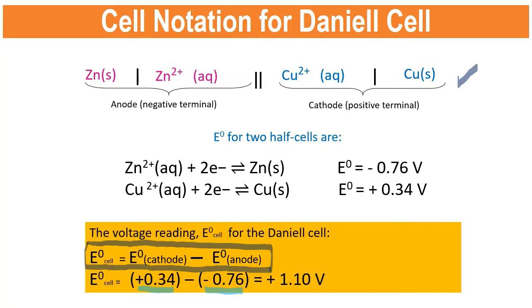So when negative meets negative, it becomes positive. So 0.34 plus 0.76, we will get plus 1.10 volt. This is the voltage value of the cell.